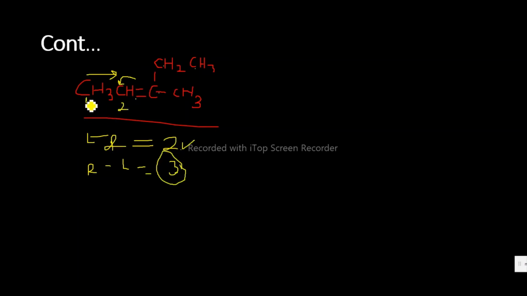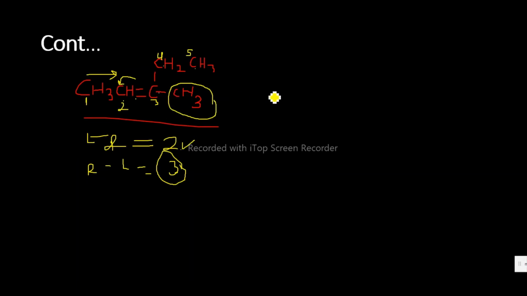So we shall count from left to right. This is carbon 1, this is carbon 2, this is carbon 3, this is carbon 4, and this one is carbon number 5. Therefore, our methyl group is attached on carbon number 3.